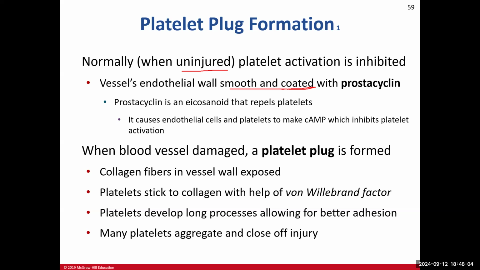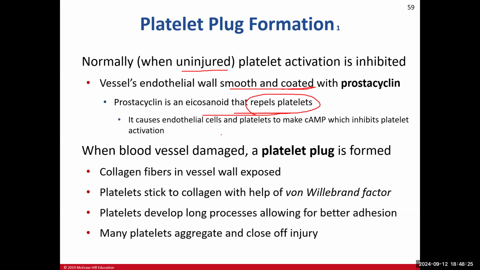That's bad, especially when we're talking about an embolus. We don't want any of that. So this chemical, prostacyclin, has one, I should say one of its functions is to repel platelets, to make sure that the platelets don't stick onto the side of the blood vessel wall.